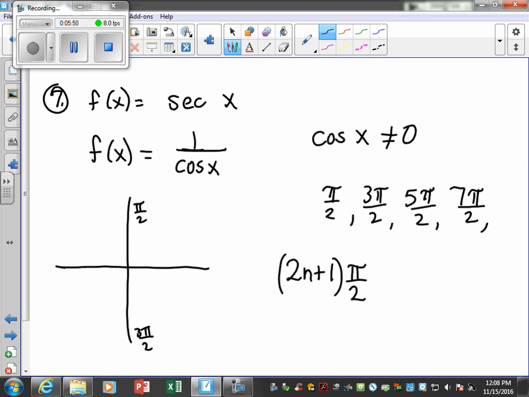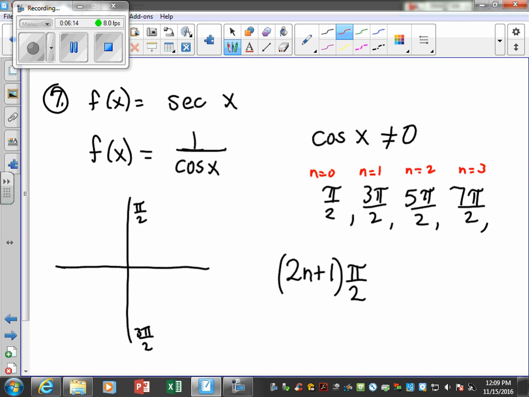If we're starting with the 0 term, this is when n equals 0. So what happens if n is 0? 2 times 0 is 0, 0 plus 1 is 1, and 1 times pi halves is pi halves. What about with n equals 1? 2 times 1 is 2, plus 1 is 3, times pi halves gives us 3 pi halves. Then n equals 2, n equals 3.